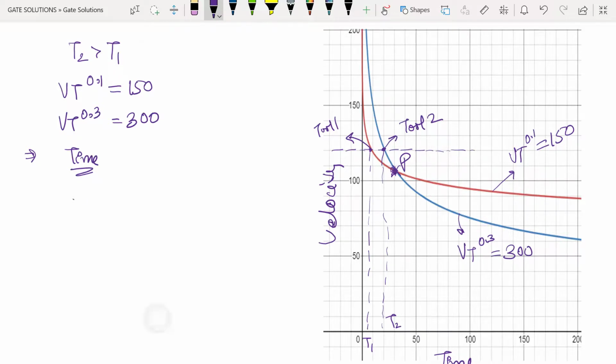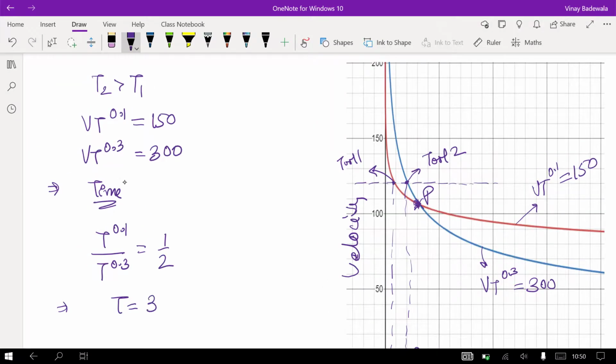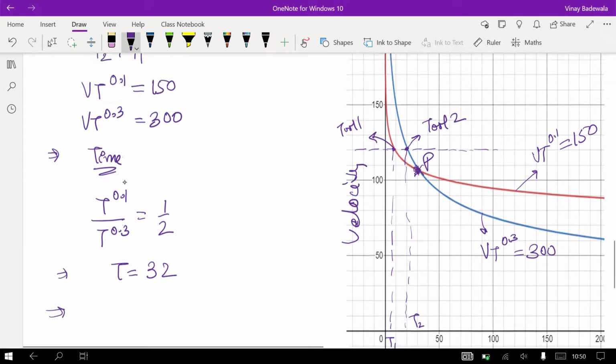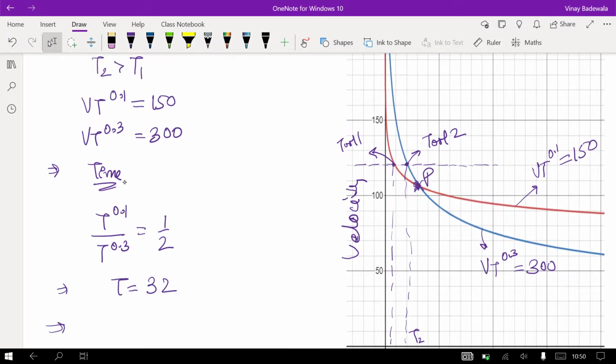We divide T raised to 0.1 by T raised to 0.3, which is equal to 1 by 2. From here we get T as 32, and we put this T equal to 32 in any of the above equations.